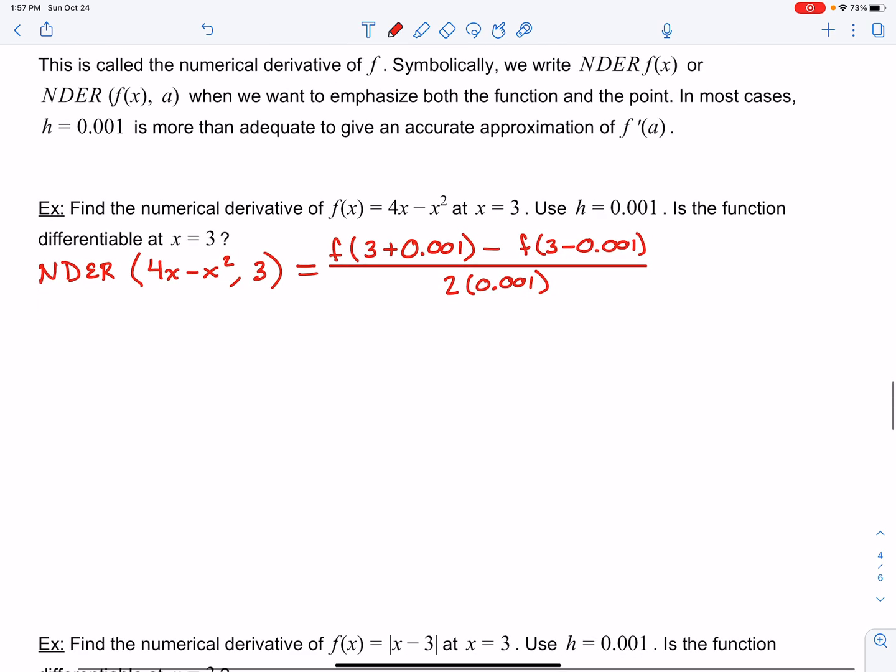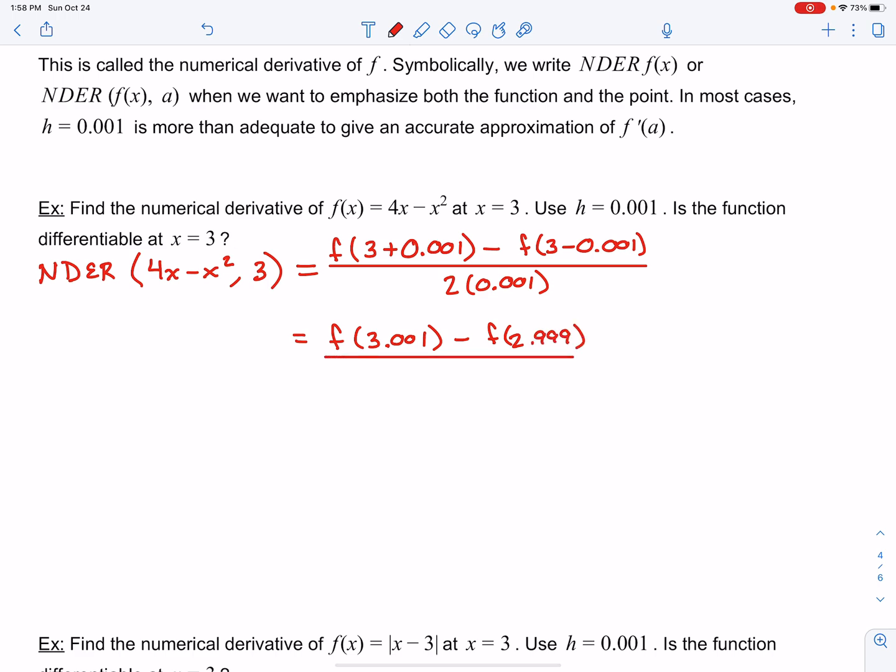So this means that we're really looking for the value of our function at 3.001 minus the value of our function at 2.999 over 0.002.